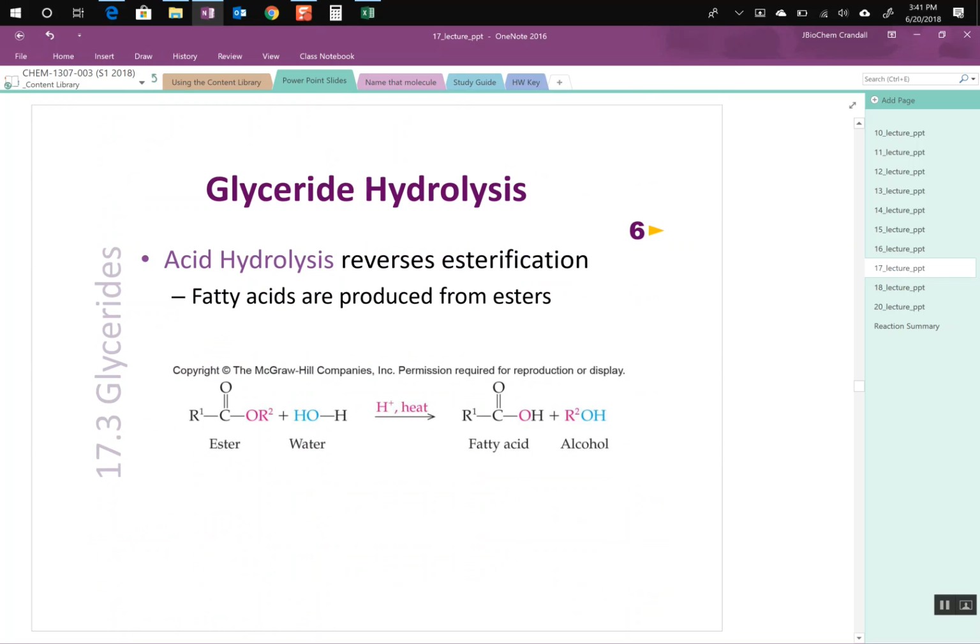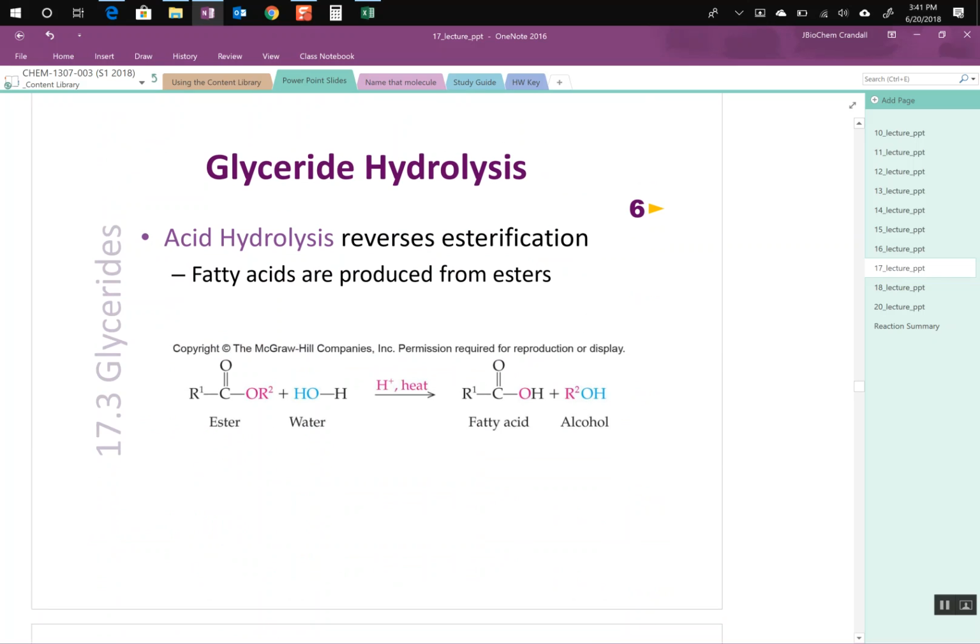Okay. All right. So glycerol is a 3-carbon molecule with alcohol groups attached to it.